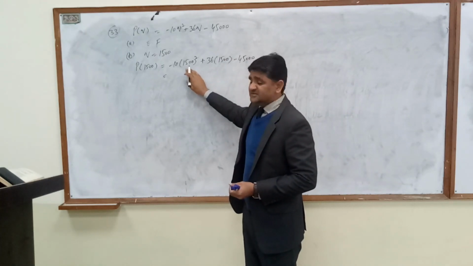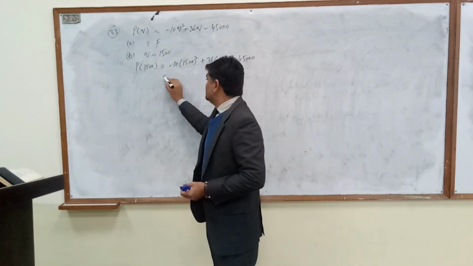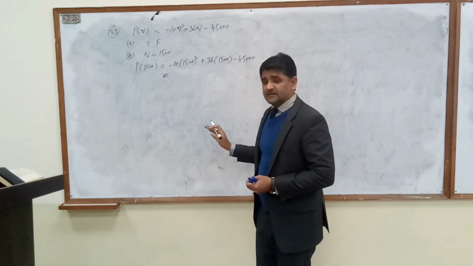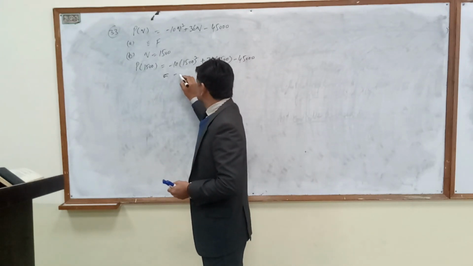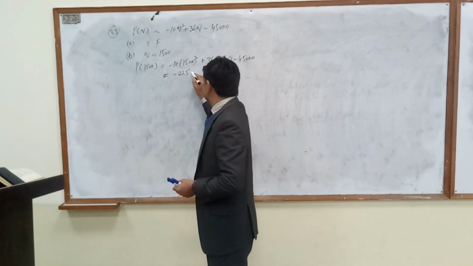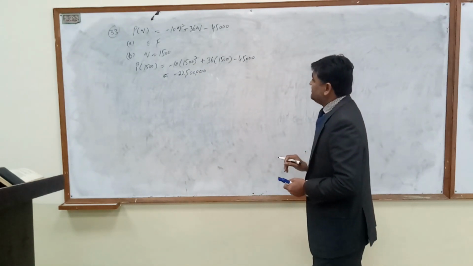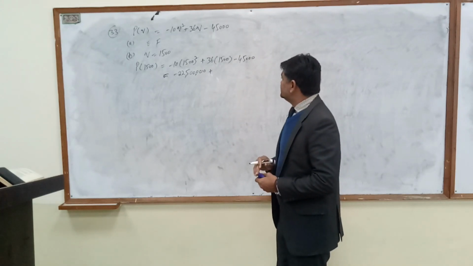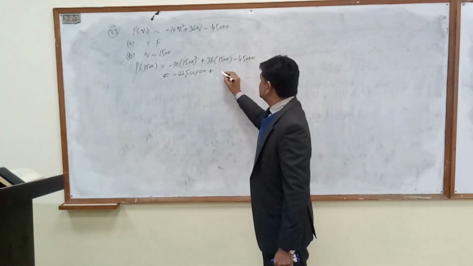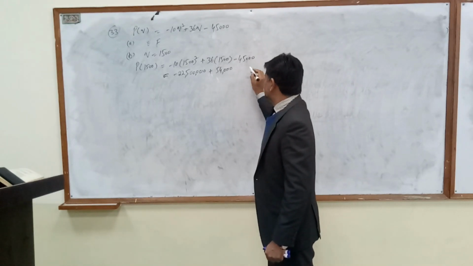First you take the square of 1500, then you multiply with 10. First you have to calculate this expression overall. Minus 22.5 million plus 1500 into 36, that is 54,000. Clear?